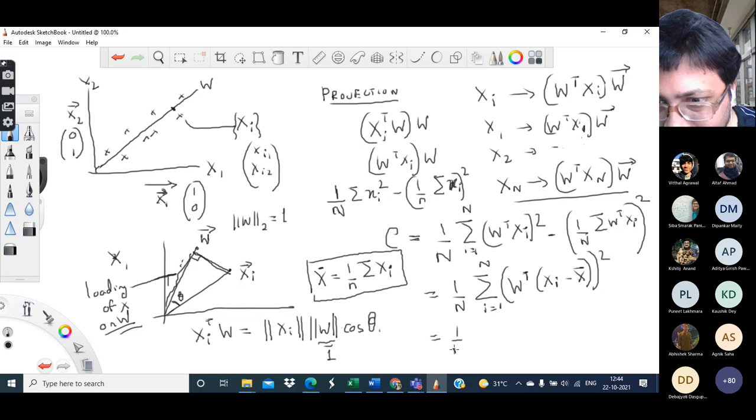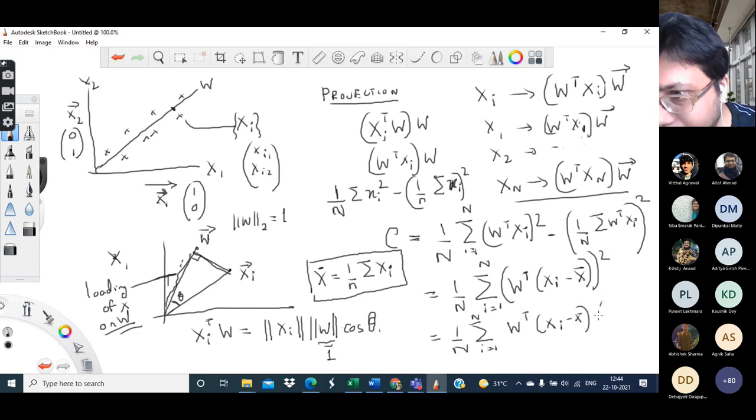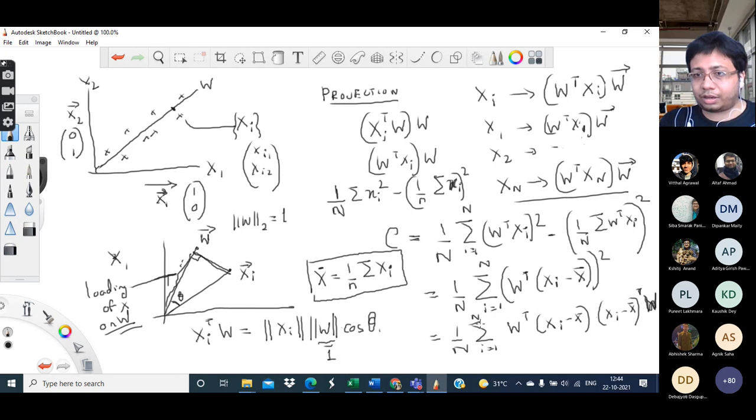Let me write this in the following way: W transpose xi minus x bar times xi minus x bar transpose W. Do you agree that this new expression is nothing but the same as this expression?